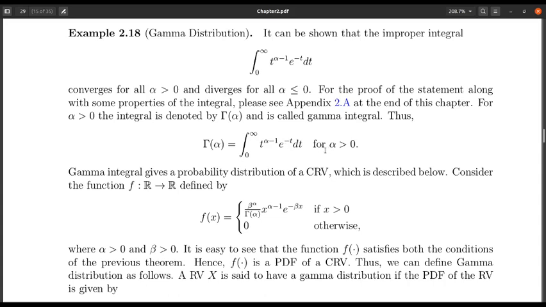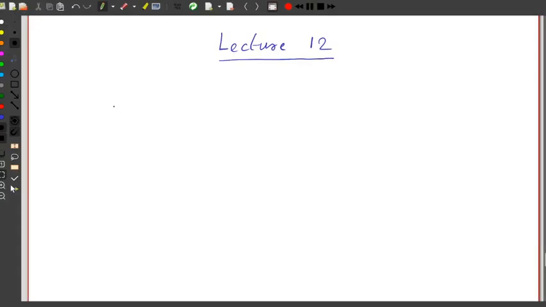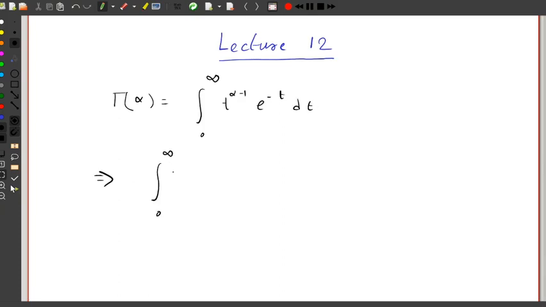So what I mean to say is that if I take this, I have that gamma alpha is equal to the integral from 0 to infinity of t to the power alpha minus 1, e to the power minus t dt, which basically tells us that the integration from 0 to infinity of 1 by gamma alpha, t to the power alpha minus 1, e to the power minus t dt equals 1.